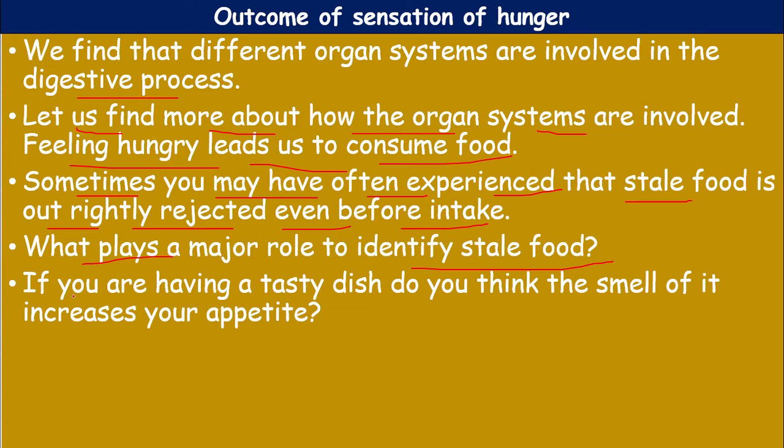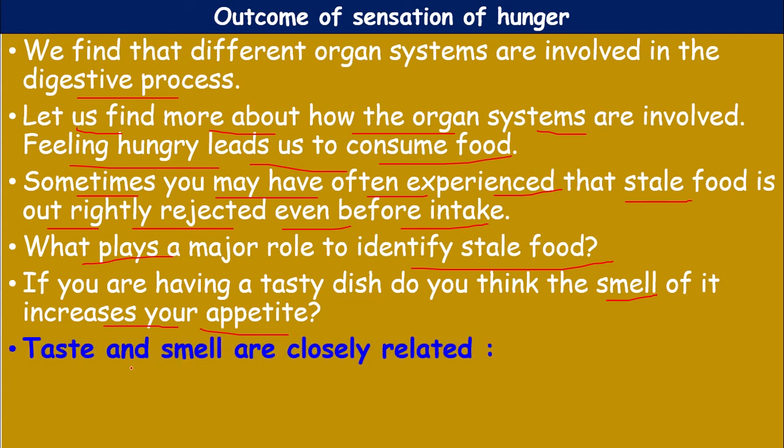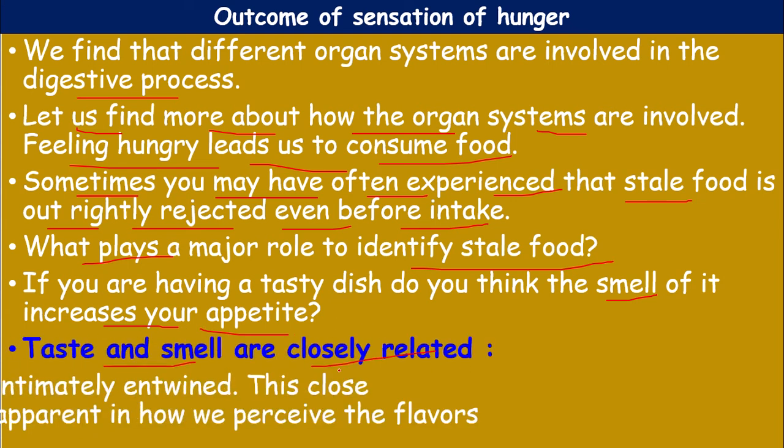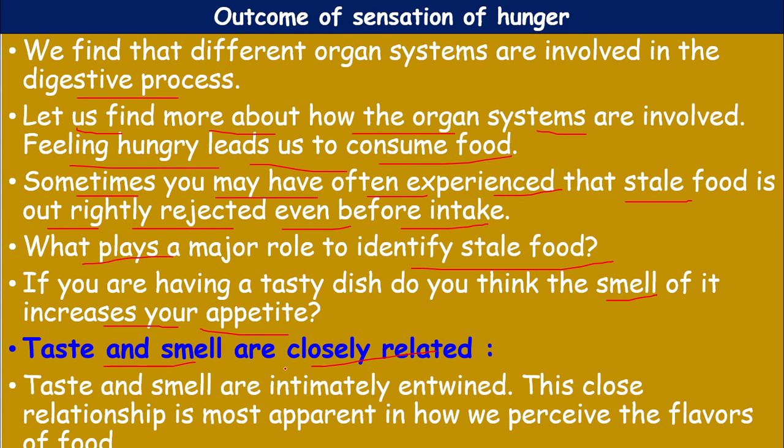If you are having a tasty dish, do you think the smell of it increases your appetite? Definitely. Taste and smell are closely related, isn't it? They consist of which receptors? The chemoreceptors, the chemical receptors which are present in the tongue, the receptors which are present in the nose.